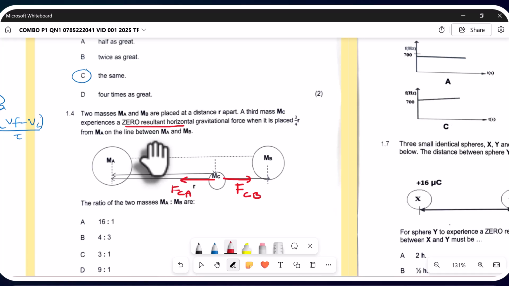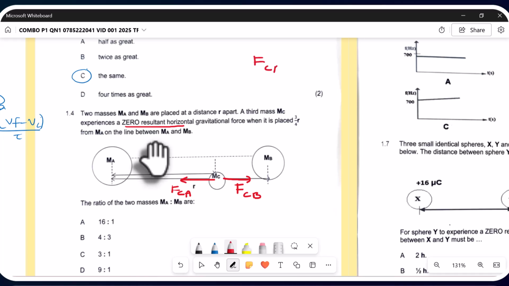So the gravitational force of attraction on C by A is equal to the same force on C by mass B. How do we find that?